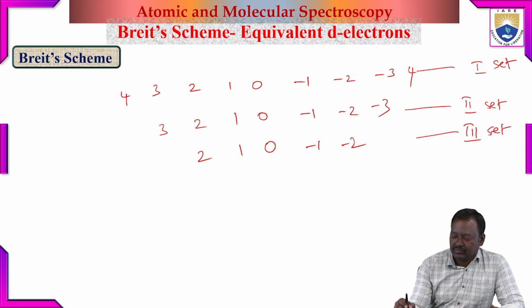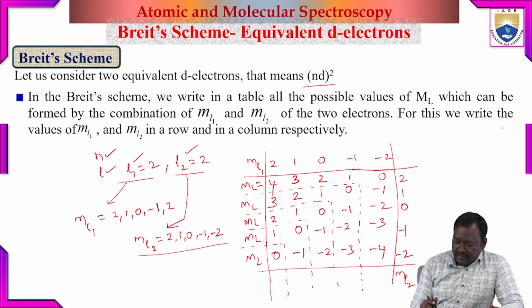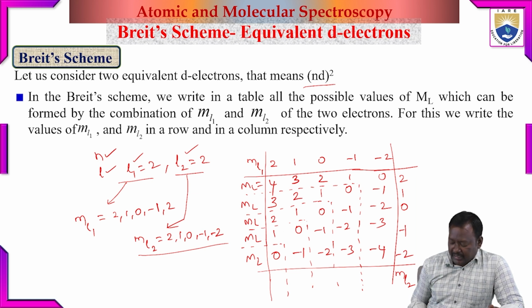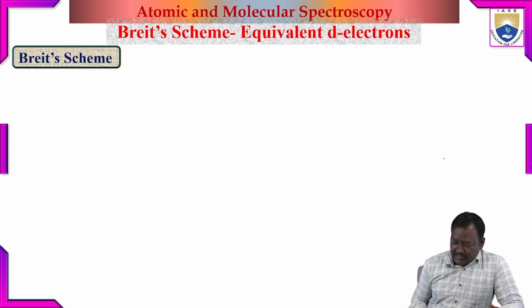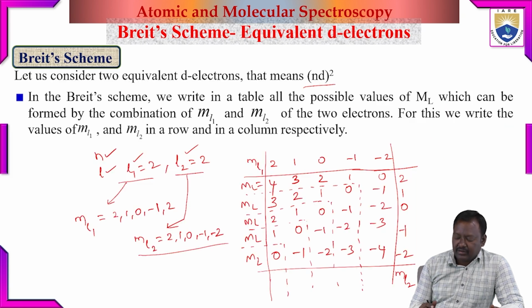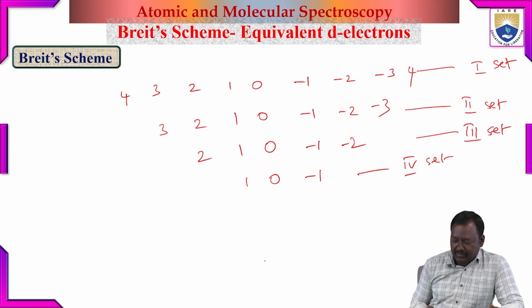And similarly, the fourth set is 1, 0, minus 1. This is the fourth set. The fifth set contains only one value, that is 0. So this is the fifth set.